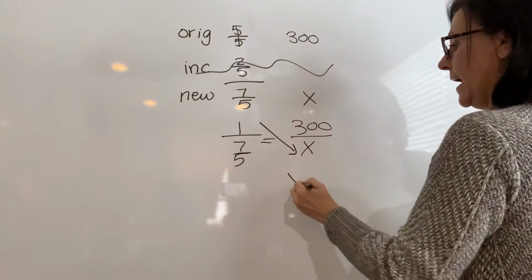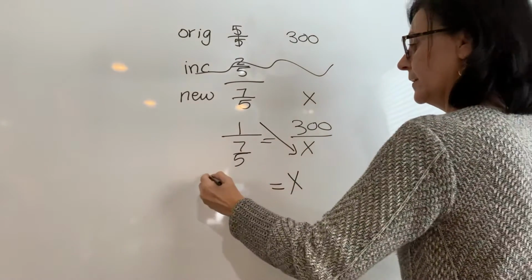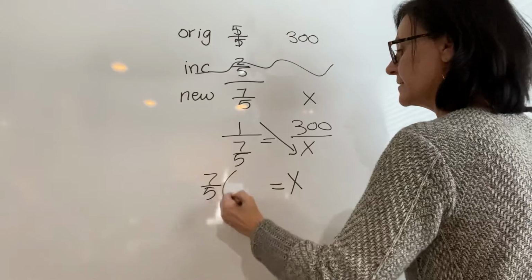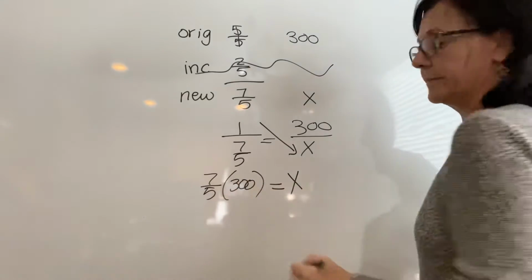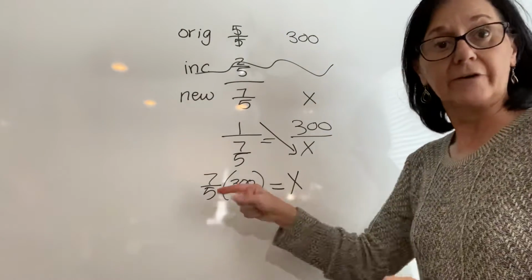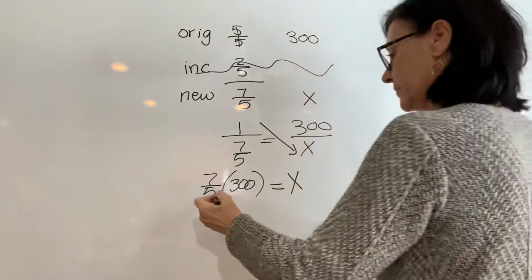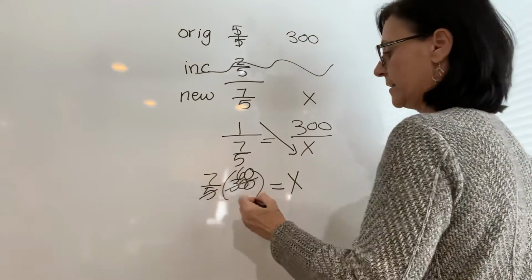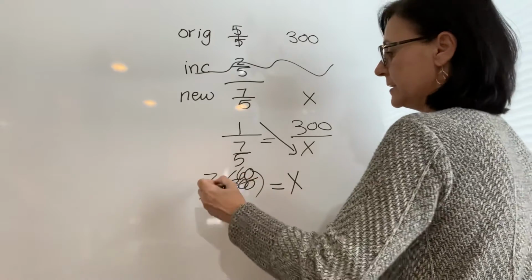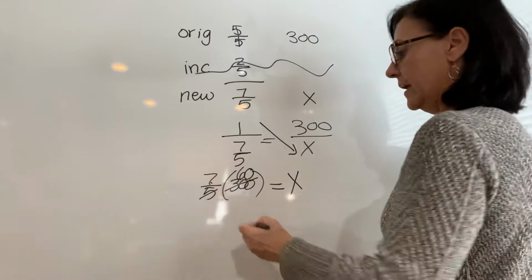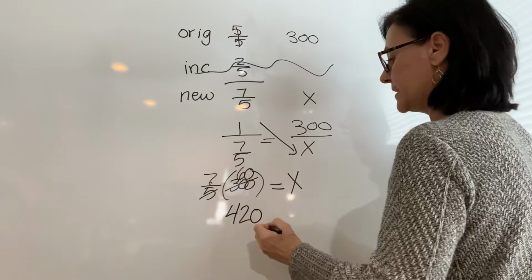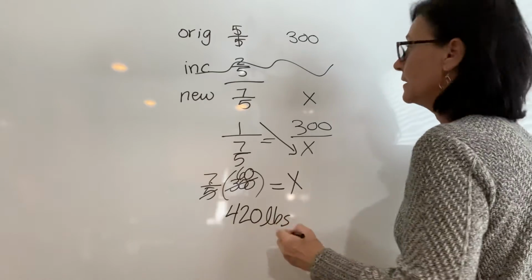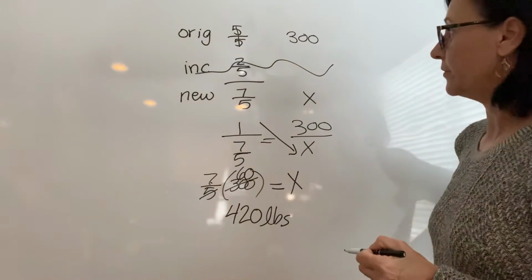Cross multiply, x equals 7/5 times 300. I can simplify that 300 in the 5 because 5 goes into 300. 5 goes into 300 60 times. 60 times 7 is 420 pounds. That's how much they weigh now, 420 pounds.